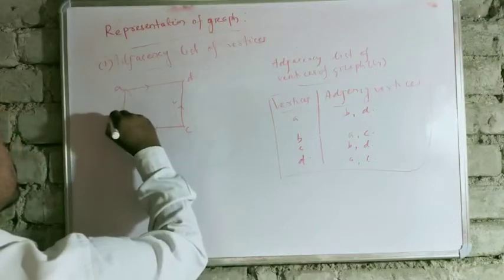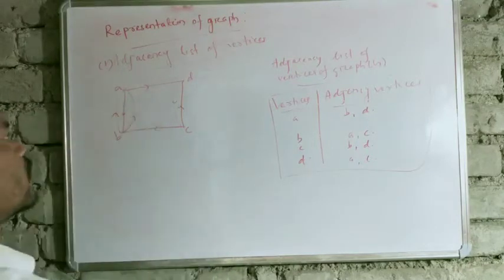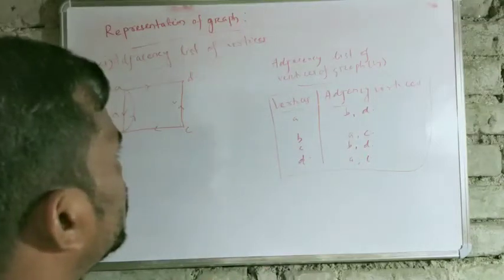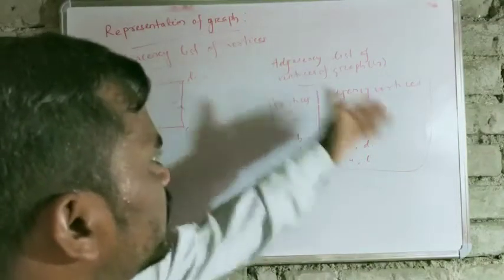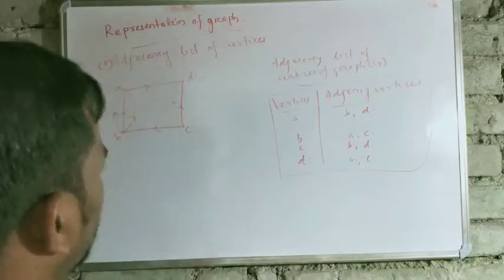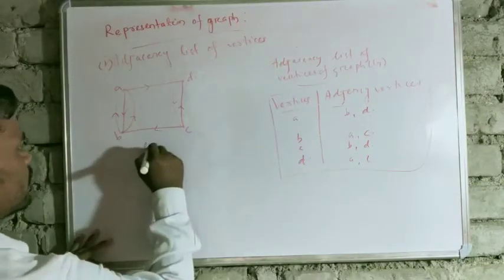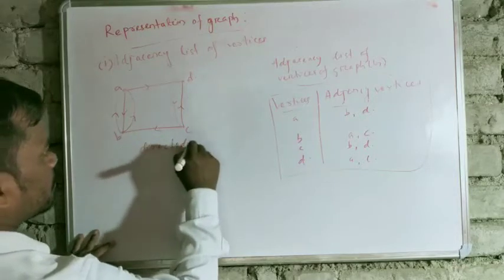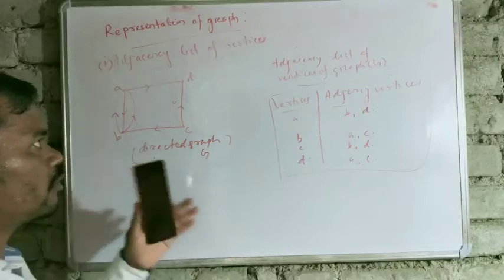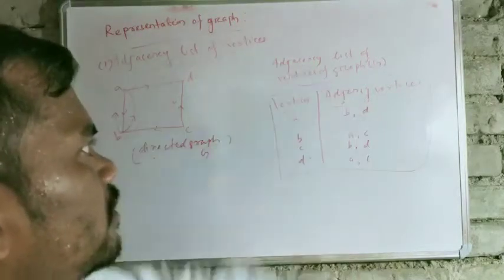Okay, now this is a directed graph. So how will we find its adjacency list of vertices? That means how to represent this graph. This is a directed graph G. Now how will we represent this by using adjacency list of vertices?